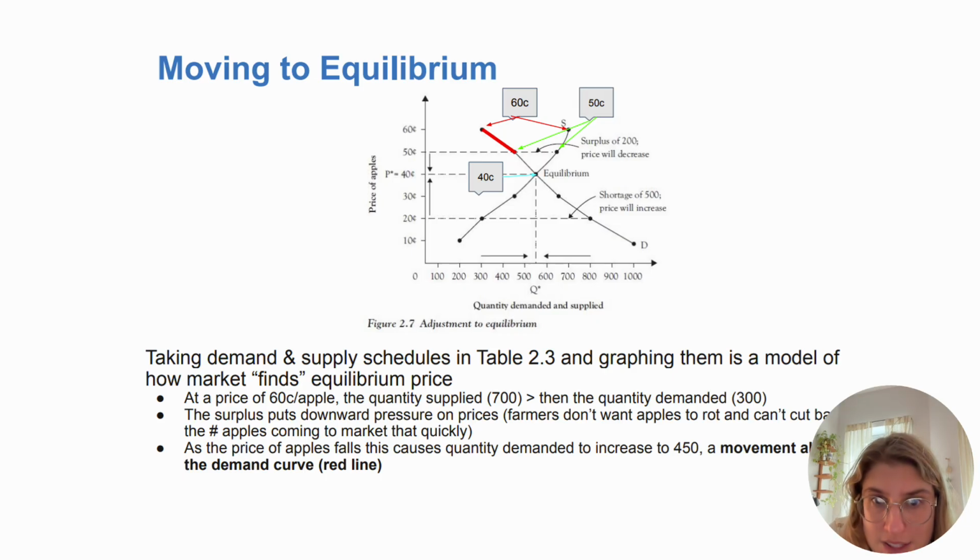As the price is decreasing, consumers move along the demand curve and demand more apples. Eventually this process stops at the equilibrium price of 40 cents, where quantity demanded and quantity supplied are both 550, because this is the intersection of the supply and the demand curve. At that point, there's no surplus or shortage, so the market has found its balance.